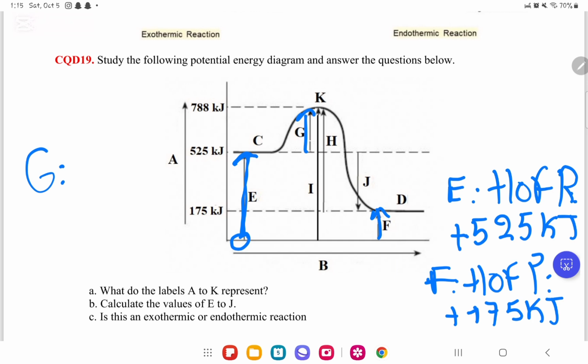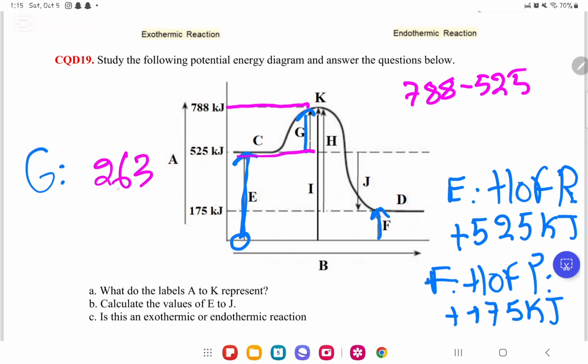To calculate the value of G, we take where it ends and subtract where it started. So it's 788 minus 525. We will get 263, but we will put it as positive. Why? Because it's going in the upwards sense.